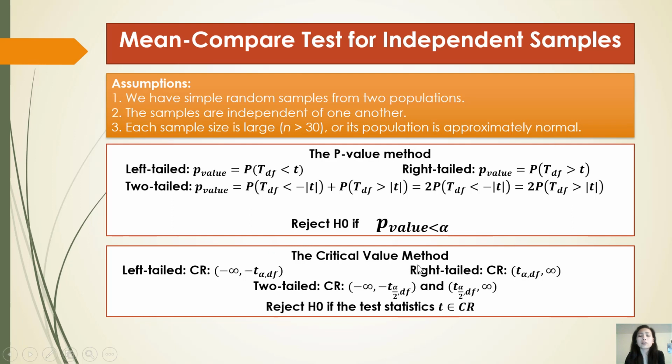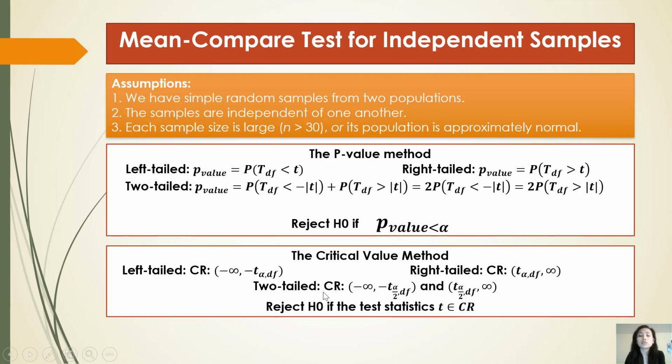For the critical value method, we have to first define the critical value and then define the critical region. For the left tail, the critical value is of course a negative number, and it should be minus T alpha df. So the critical region is the area to the left of the critical value. For right tail, the critical value is T alpha df, and the critical region should be on the right of this critical value.